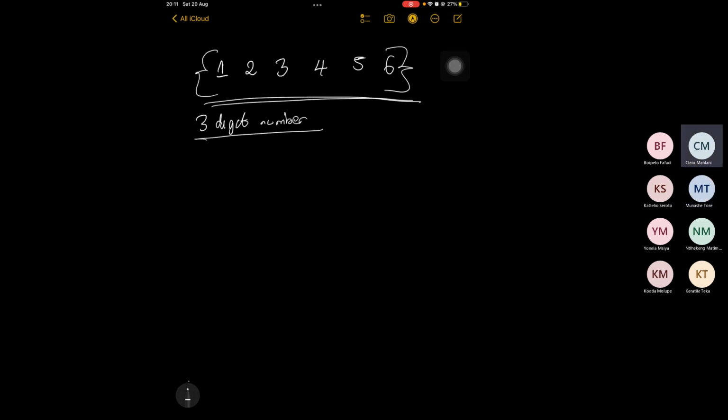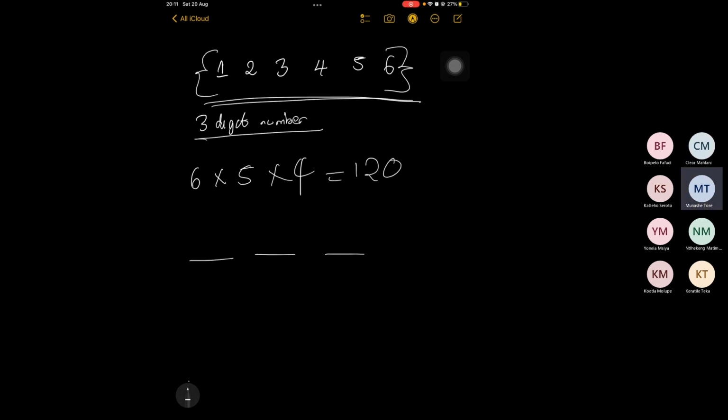Is it not going to be 6 times 5 times 4? Yeah, because we have 3 positions. Now we need a 3-digit number, isn't it? So it's 120, isn't it? Okay, let me see how I would work it out.